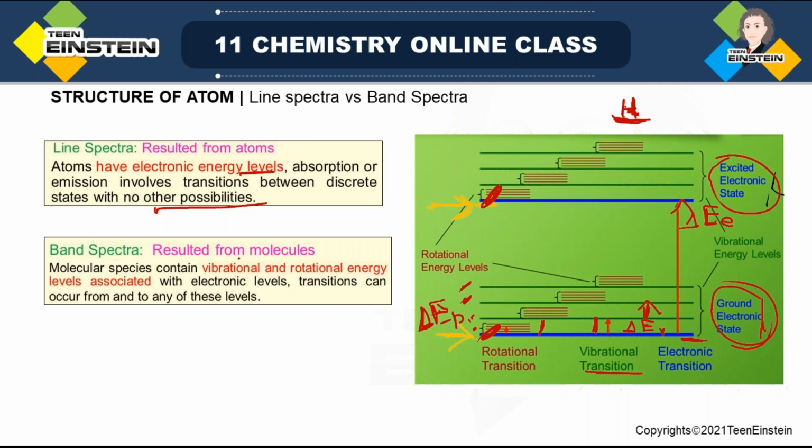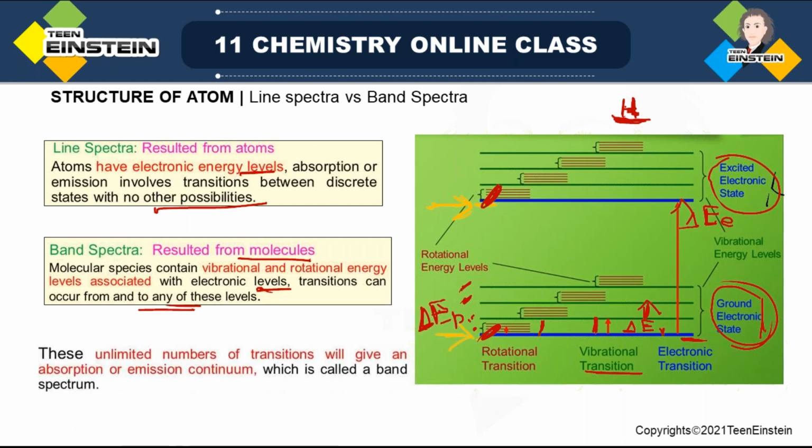And band spectra are because of molecules. Molecular species contain vibration and rotation energy levels associated with electronic levels also. So transition can occur from any of these levels to any other, so several other possibilities are now present. This is the difference.